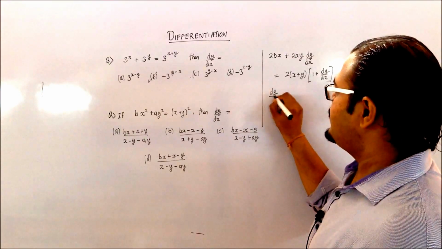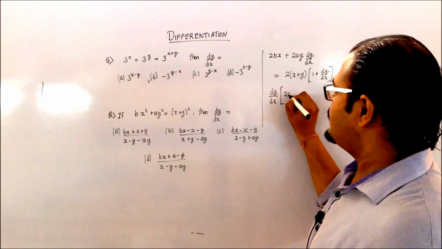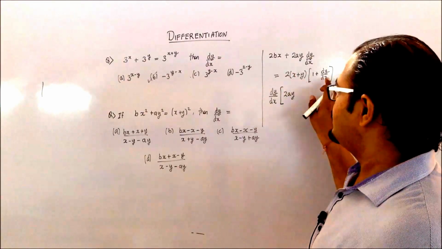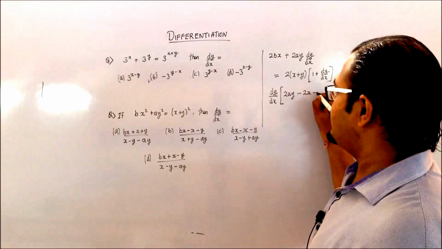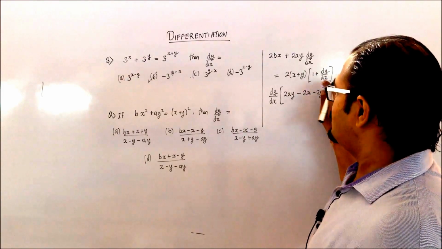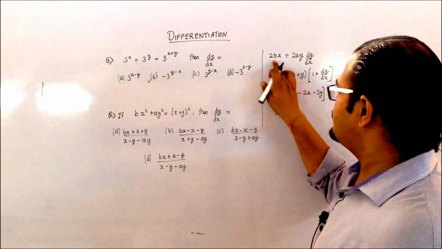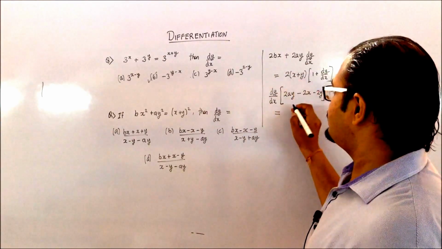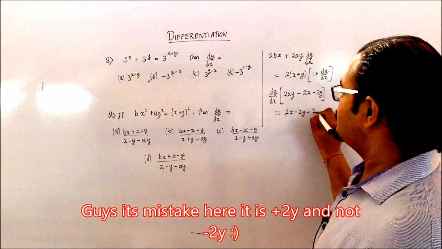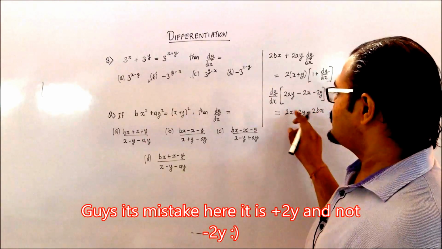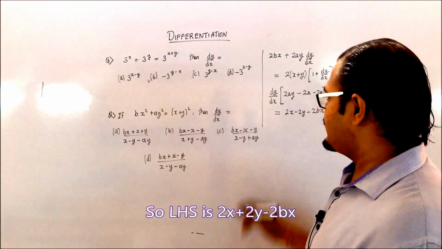So your dy by dx is over here and the multiplication over here. So you can write dy by dx into, you will have a 2ay from this side, and from here you will have a minus 2x minus 2y from this side. This thing will be equal to, this part goes that side and you are having over here 2x minus 2y minus 2bx. Since you are seeing that 2's are common, so 2's will get basically cut off.